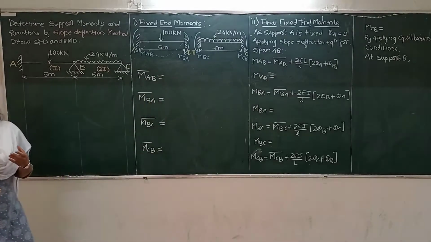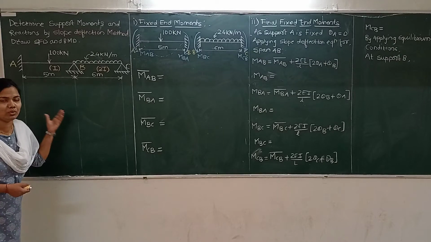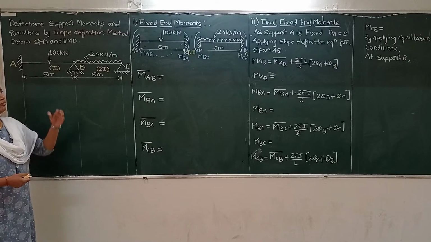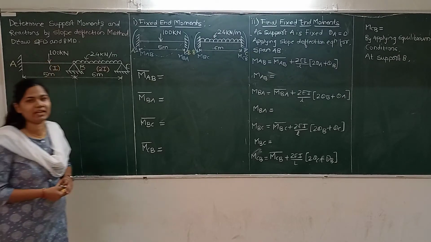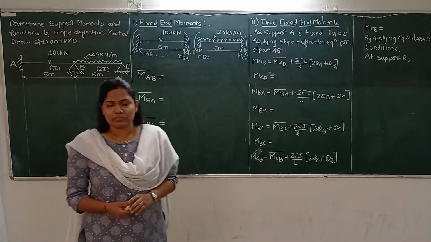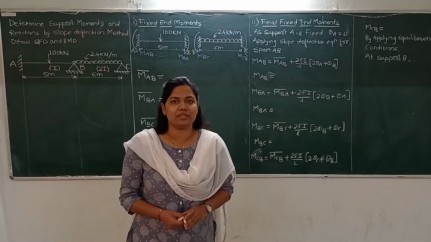To solve this indeterminate beam, or to find the unknowns in this continuous beam, there is one method, the slope deflection method, to find the support moments and support reactions.